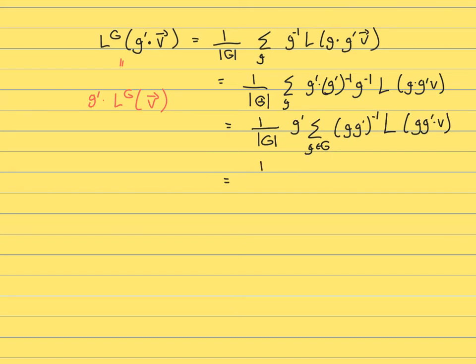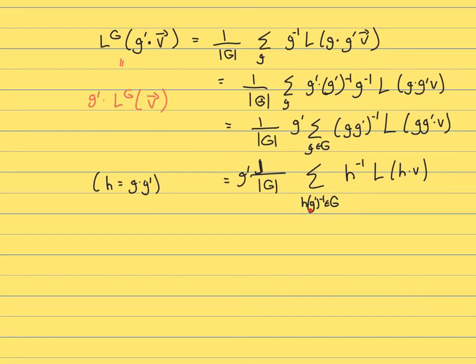So here's where the kicker comes in. I can move the G prime on the outside. If I do a substitution here and I set H equal to G dot G prime, and I have H inverse L H dot V. And then I'm summing basically over all H times G prime inverse in the group. But the point is, as you sum over every element, this still goes over every element of the group.